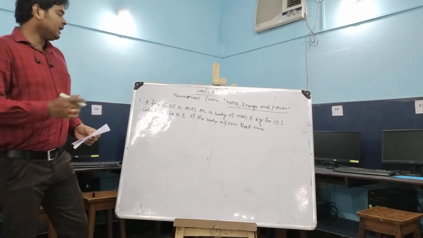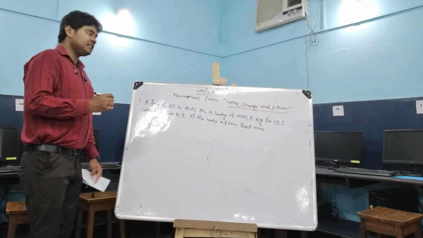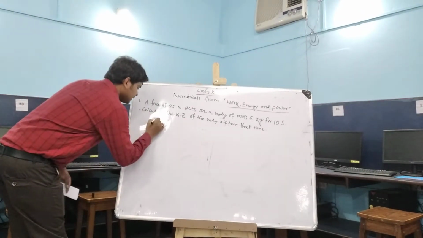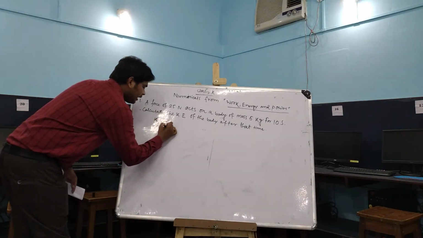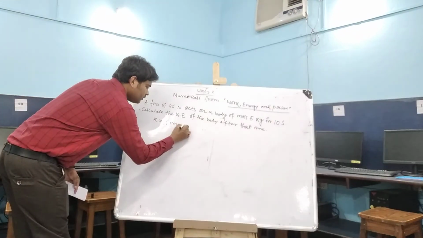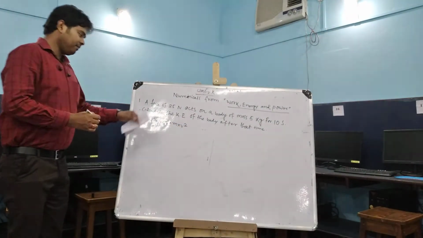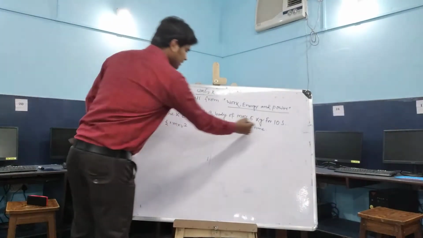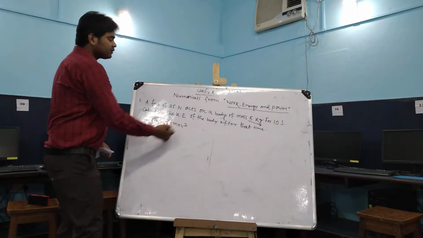We have to know that the equation of kinetic energy is half m v square. Kinetic energy K is equal to half into mass into square of the velocity. Here mass is given, 5, but v is not given.